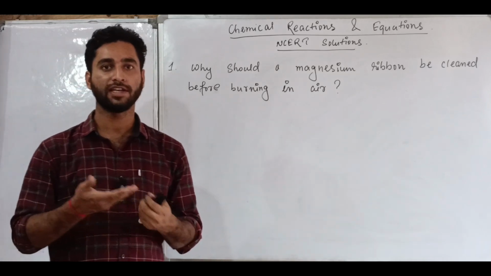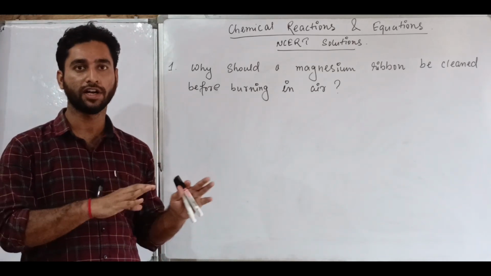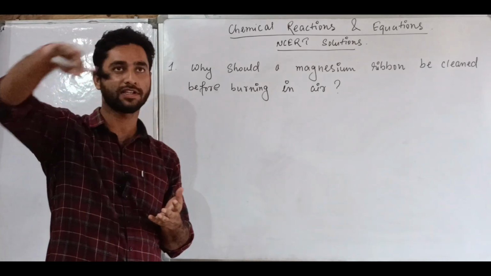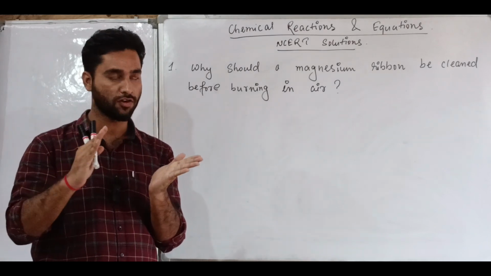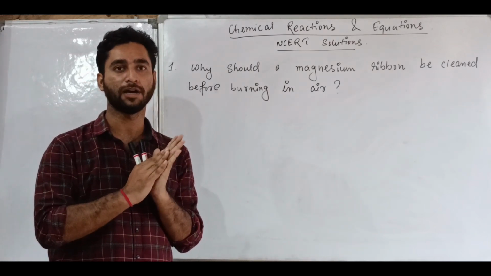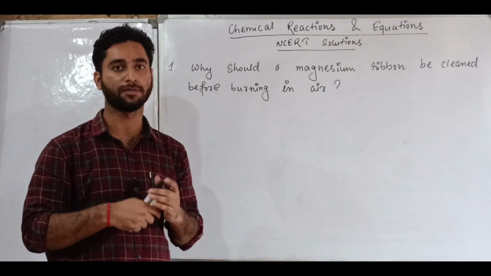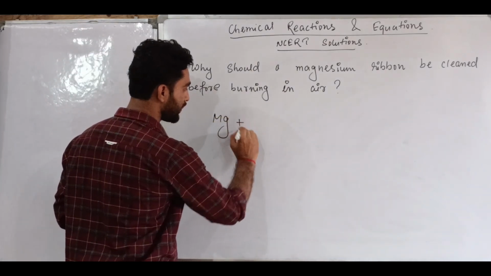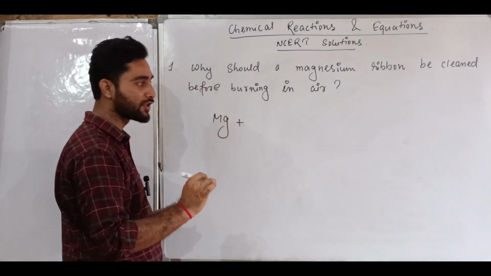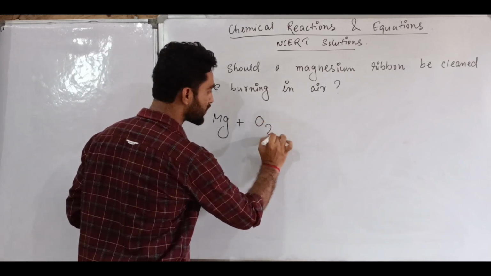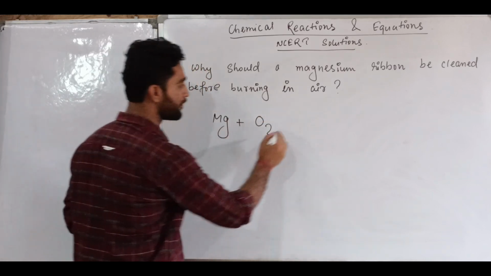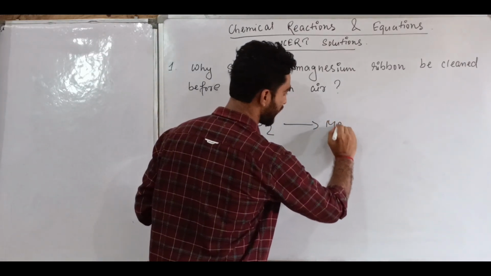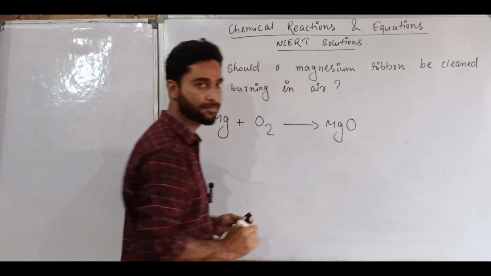Now when we keep the magnesium for a long period of time, we know in our surrounding oxygen is present. So this oxygen reacts with the magnesium and forms a layer of magnesium oxide. So generally what happens, in our atmosphere oxygen is present. This oxygen reacts with the magnesium and they form magnesium oxide.